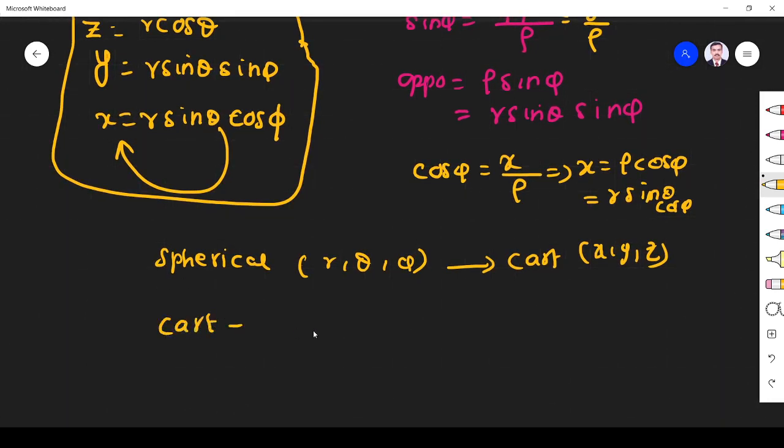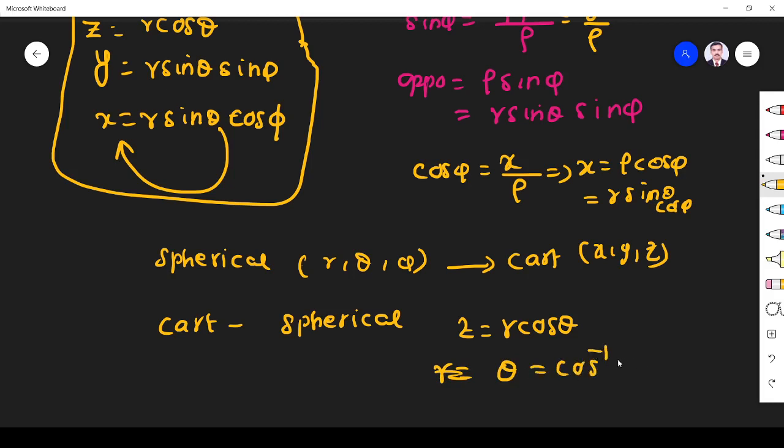Cartesian to spherical. For that we know z is equal to r cos theta. What I need, going from Cartesian to spherical, is the r value. From this we can find theta. Theta is equal to cos inverse of z by r.